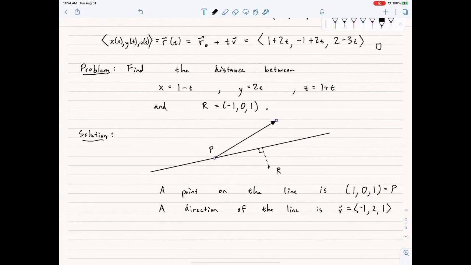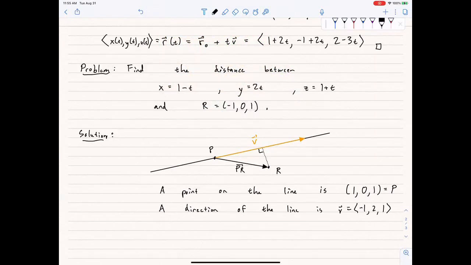This vector is also just going to be some vector here. Now we can easily look at another vector, the vector from P to R. And if we do that, all of a sudden we get a right triangle.